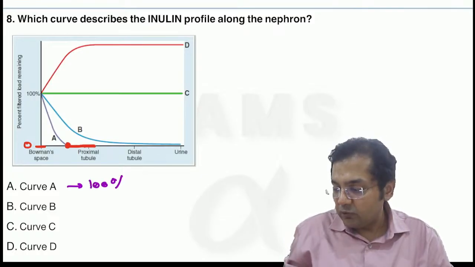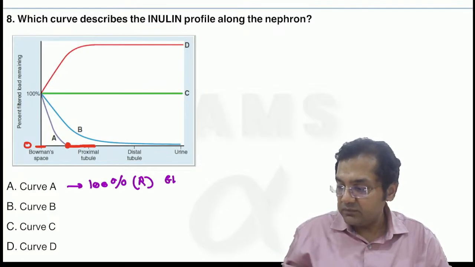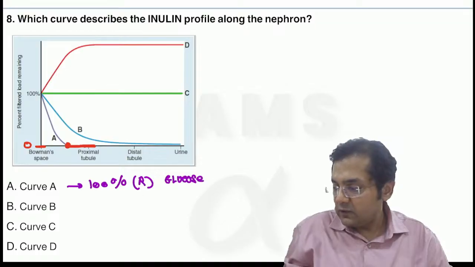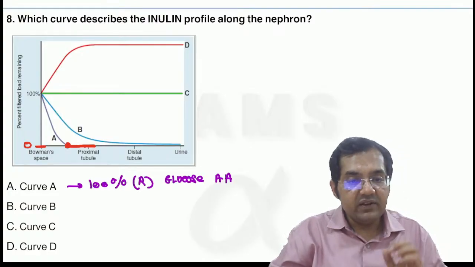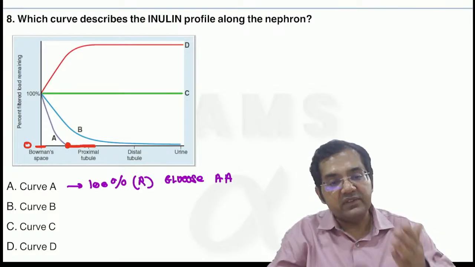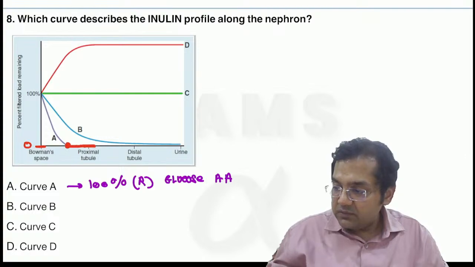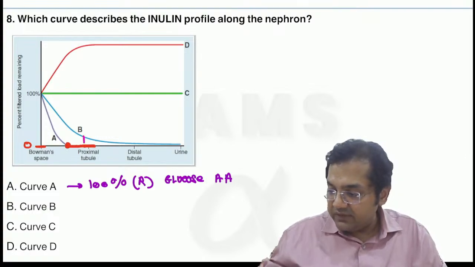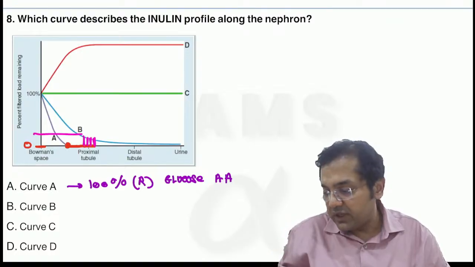So what could be the options for things 100% reabsorbed? Glucose, amino acids, right? Now in the PCT, if the concentration in the proximal tubule is 0, that means 100% has been reabsorbed. B is something which is still present at low concentrations in the proximal tubule, this much, right?